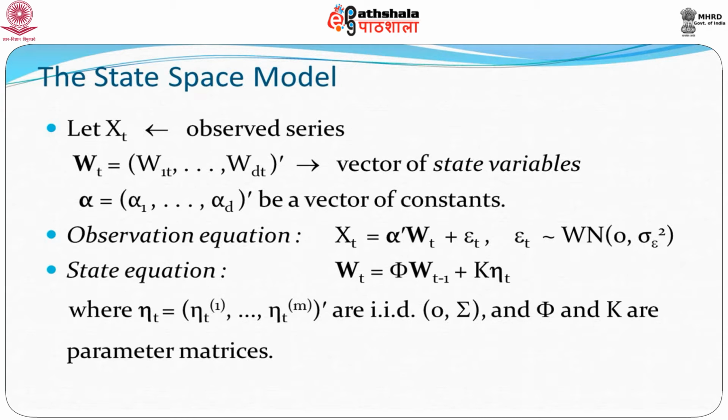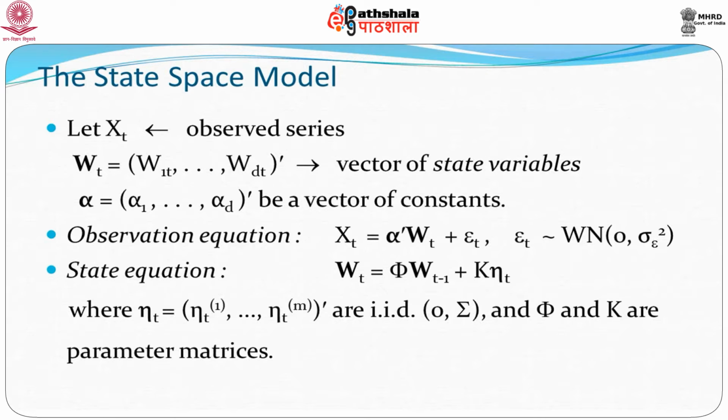To estimate the parameters of the state space model, let us very quickly go through the model itself. So, we have x t, which is the observed series, and we have d state variables, which are w1 t to w d t, which we write as a vector w t. Alpha is the vector of constants, and using this we write the observation equation as x t is equal to alpha prime w t plus epsilon t, where epsilon t are the model errors, which are white noise with 0 mean and variance sigma epsilon square.